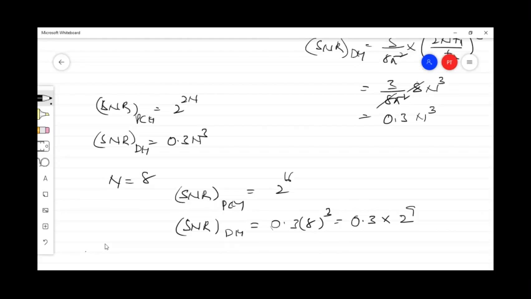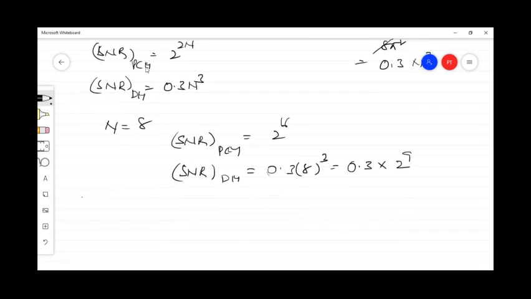Now we can compare these two, because both are in powers of 2 except this small factor 0.3. Which one is larger? PCM is larger. So for the PCM system, the signal to noise ratio is more compared to the SNR of the DM system. This is how we can compare both the systems regarding SNR.